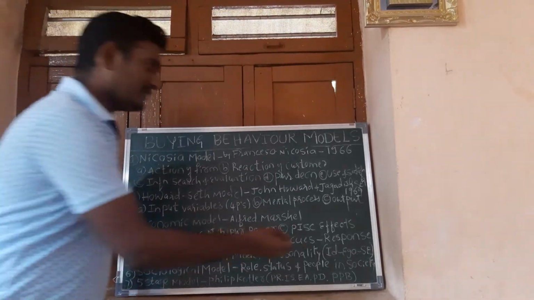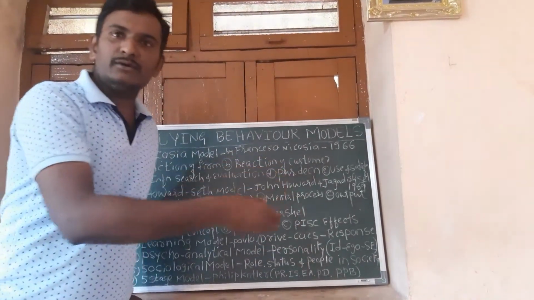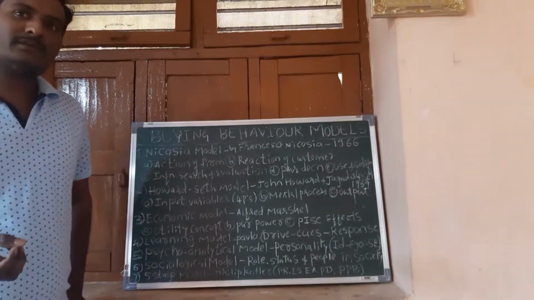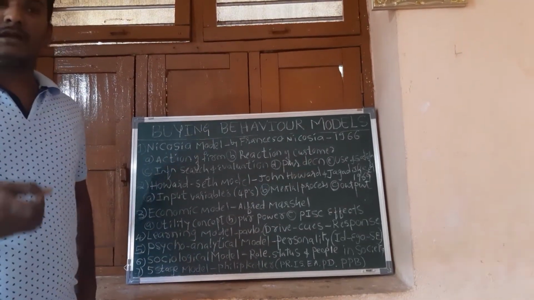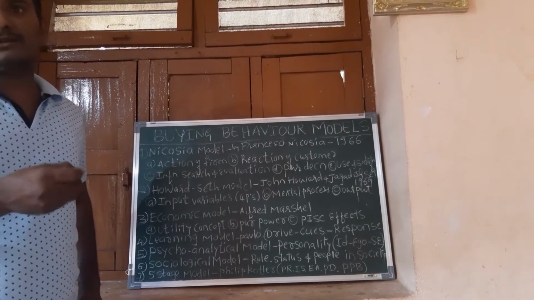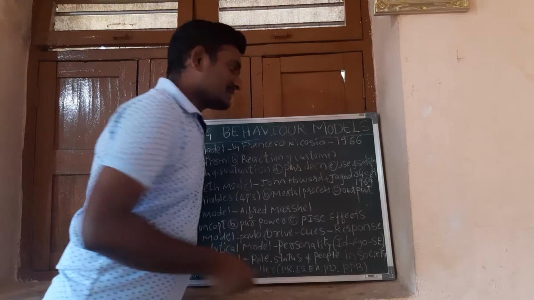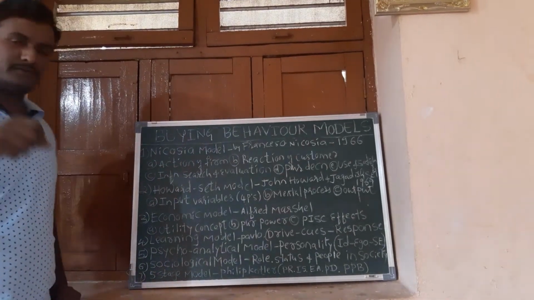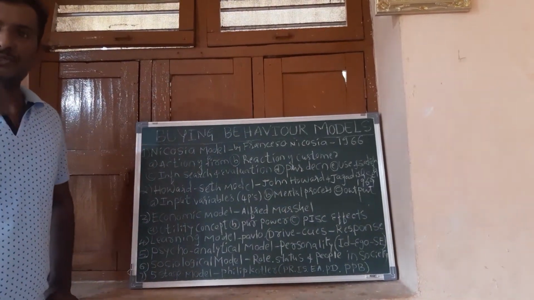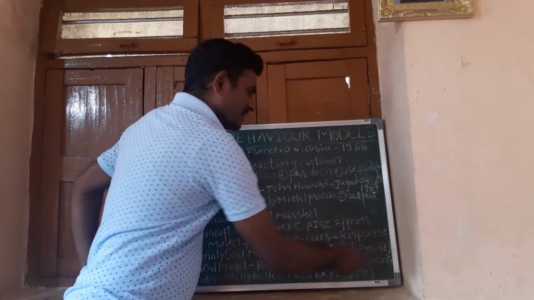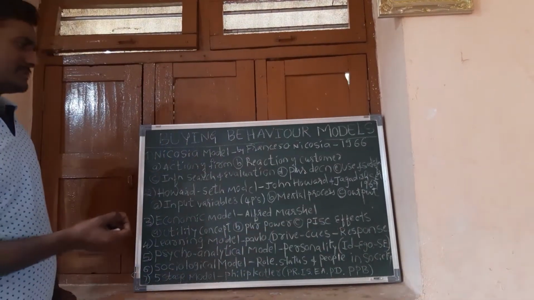If he is in the ego state, then the customer is not thinking I want, but I will have a need of that product. And if the customer is in the state of superego, then I should is the concept of that person.